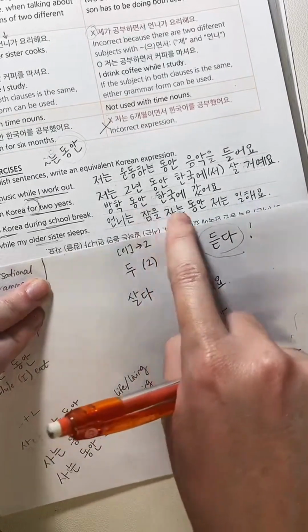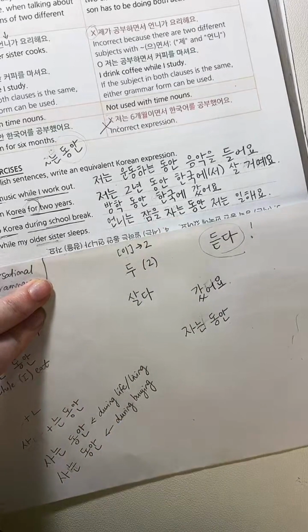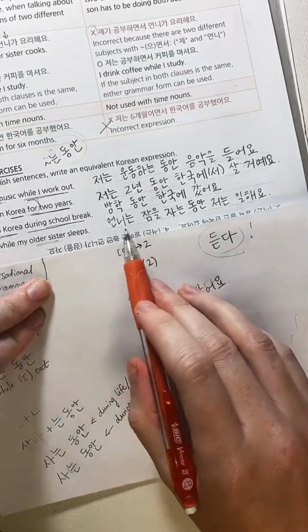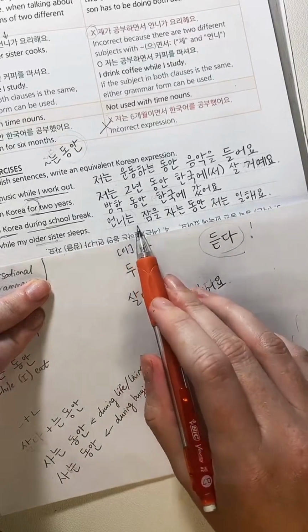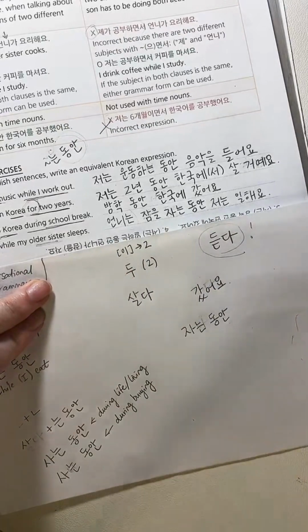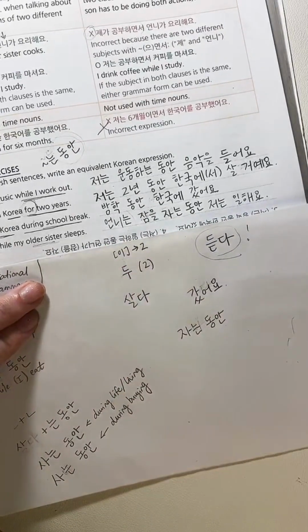But you commonly see it written like this as well. What's the difference between 언니가 and 언니는? They're very similar. And you could probably say 언니가 here and everyone would understand you. You could say 언니가 잠을 자는 동안 저는 일해요. I just picked the 는 particle for no particular reason.